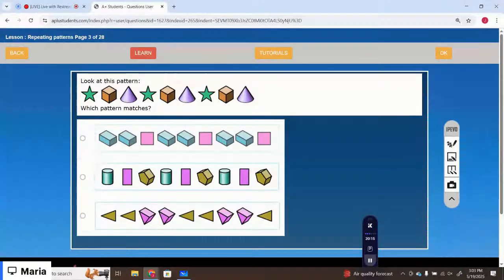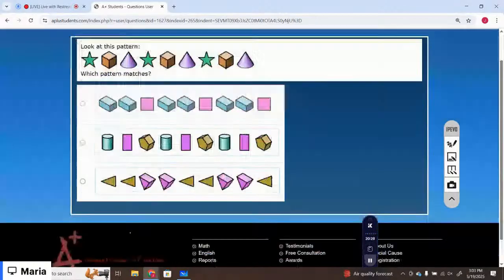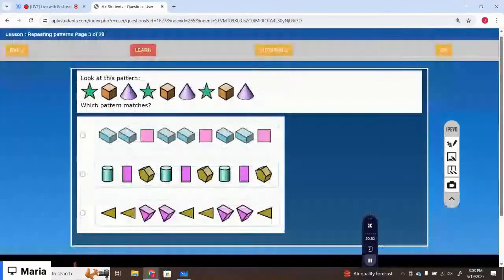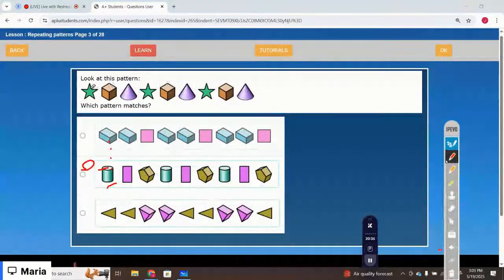Which pattern matches? Look at this pattern. Which is the correct option? Just look at the pattern. Okay, we have a star, cube, bone, star, cube, bone, right?